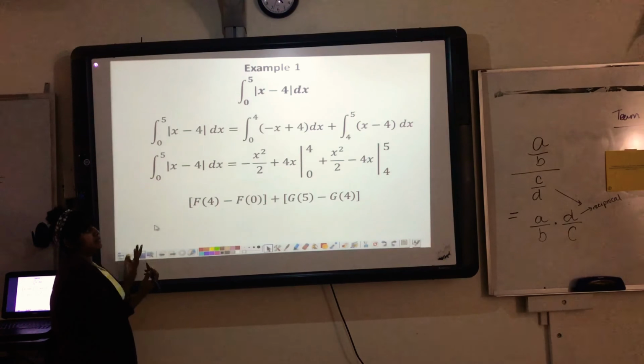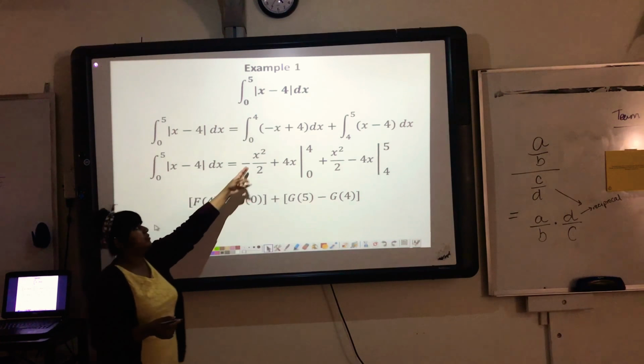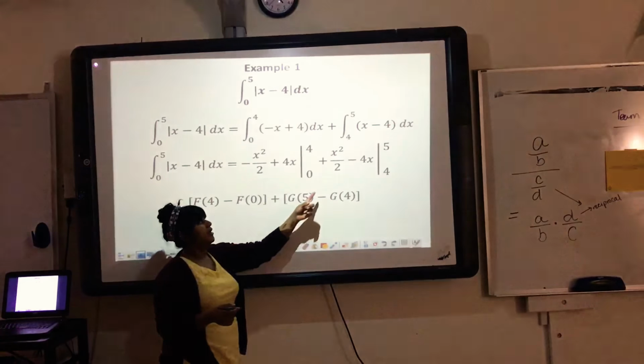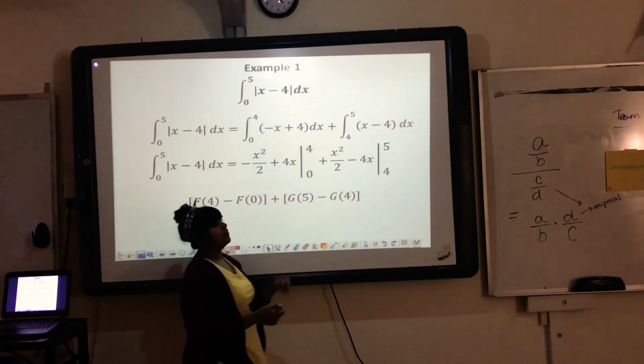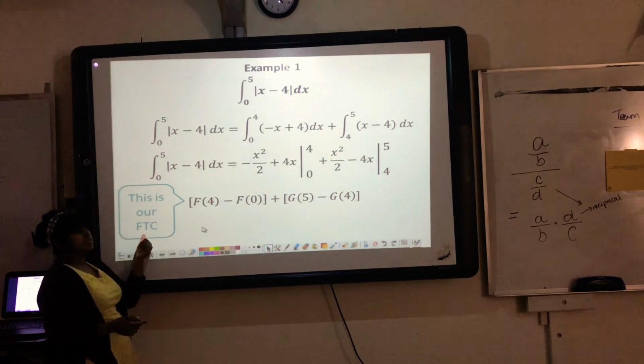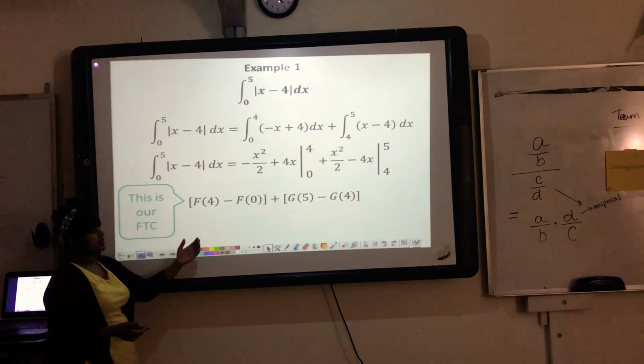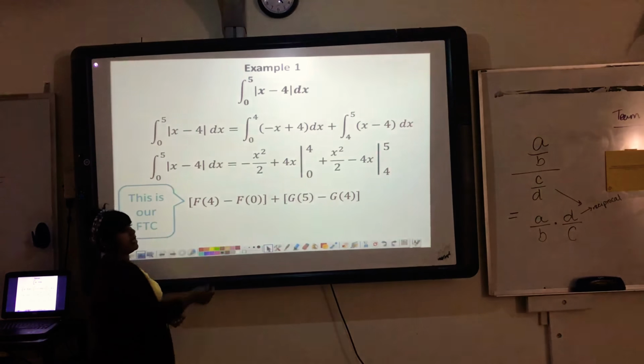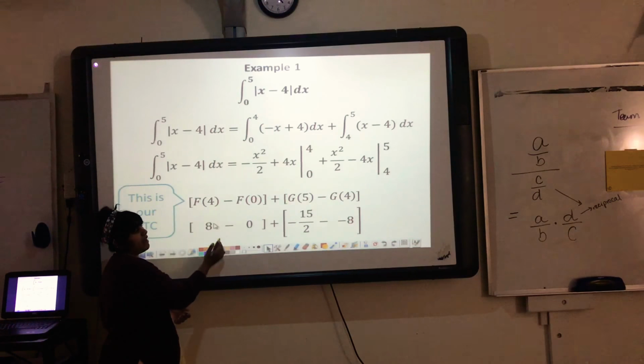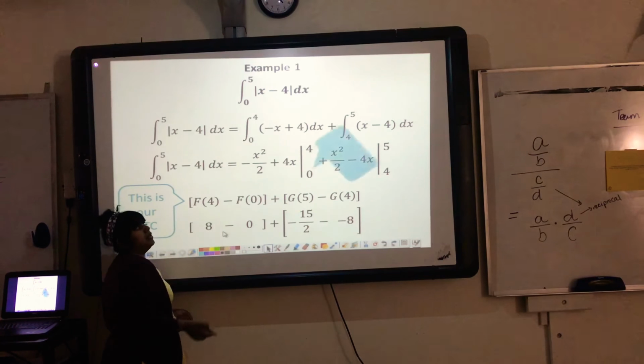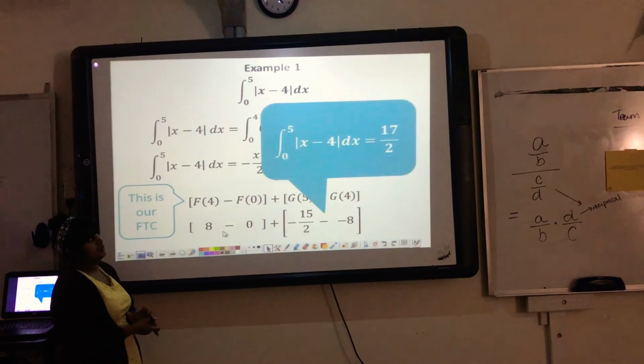So now I'm going to evaluate from 4 to 0 and 5 to 4. What is this called? This is our fundamental theorem of calculus, is it not? B minus A, B minus A. So I plug in those values and we get our answer of 17 over 2.